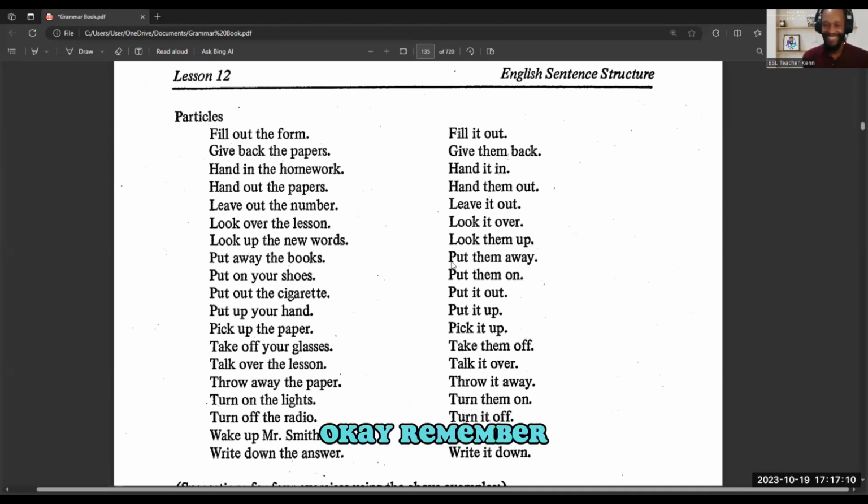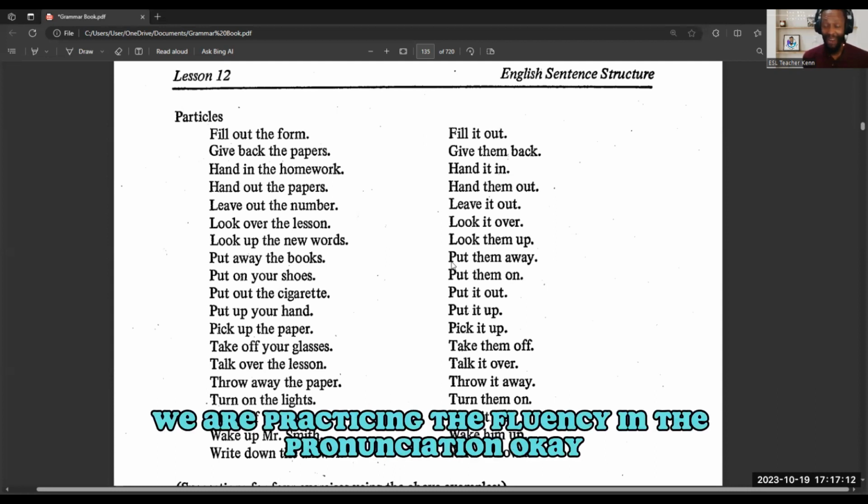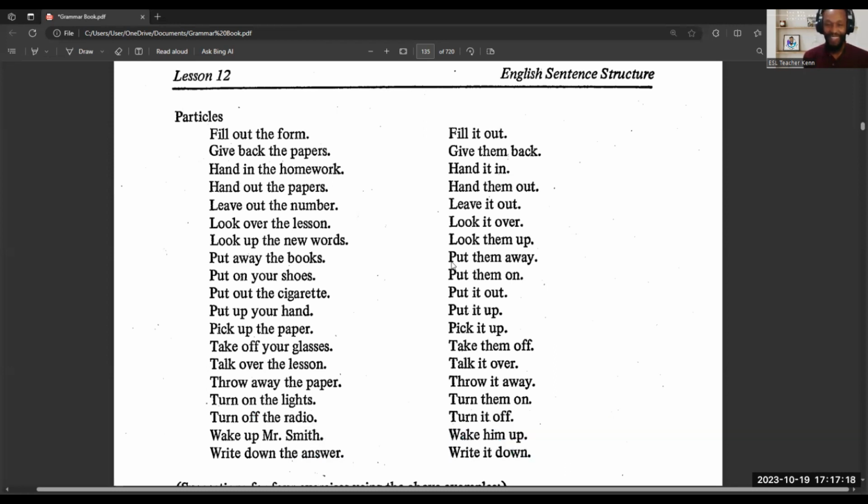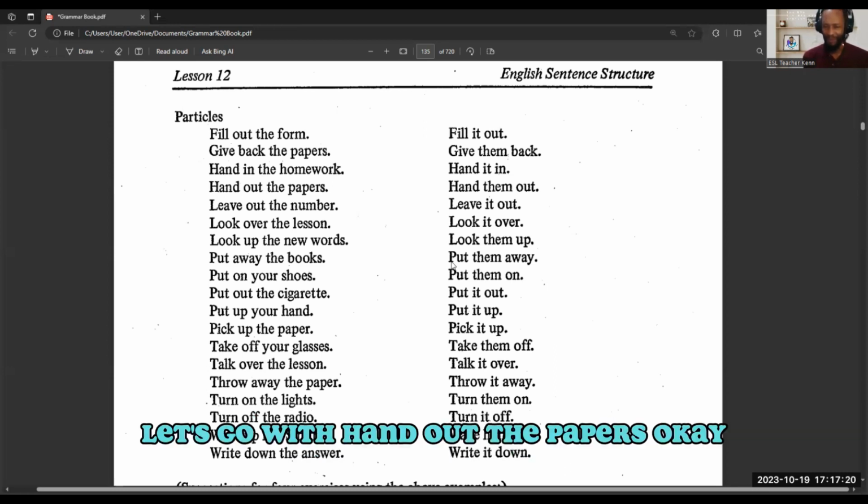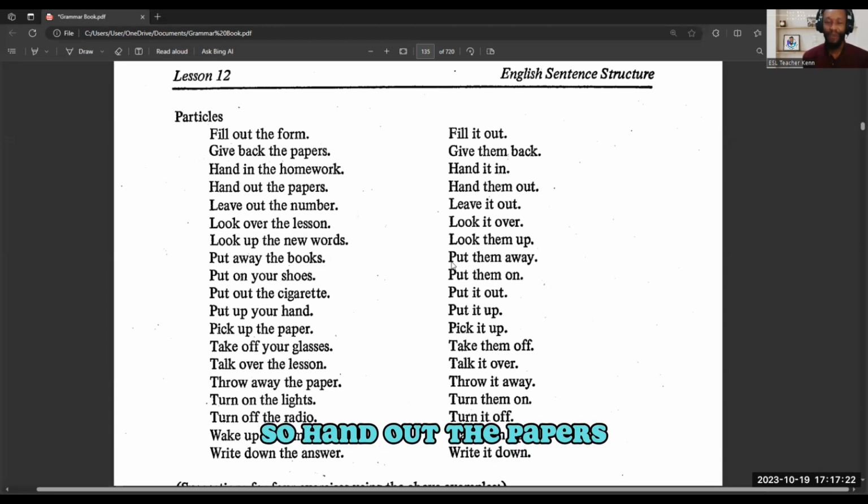Okay. Remember, we are practicing the fluency in the pronunciation, okay? Let's go with hand out the papers, okay? So, hand out the papers. Hand out the papers. Hand them out.